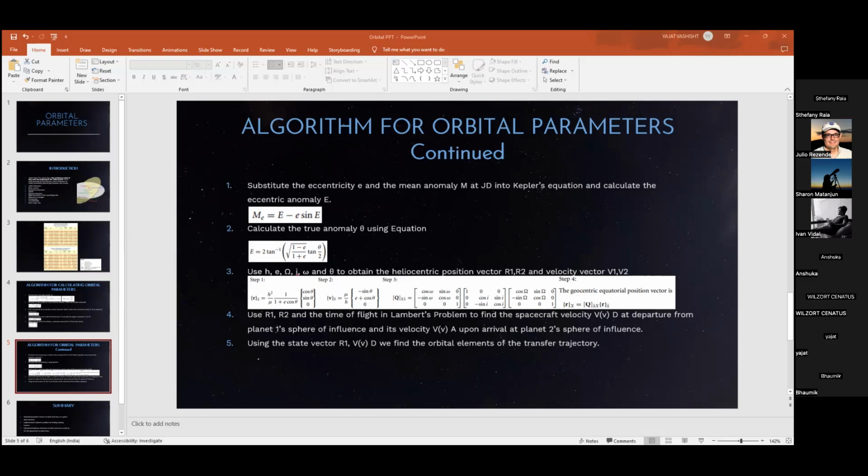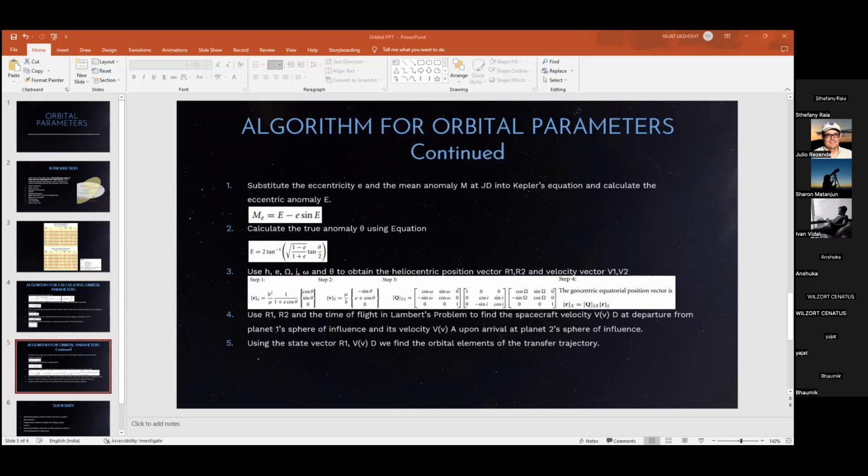So we input the epoch values. For example, I have taken in reference the Mars Global Surveyor mission, which was launched on 7th November 1996, and it reached Mars on 12th September 1997.